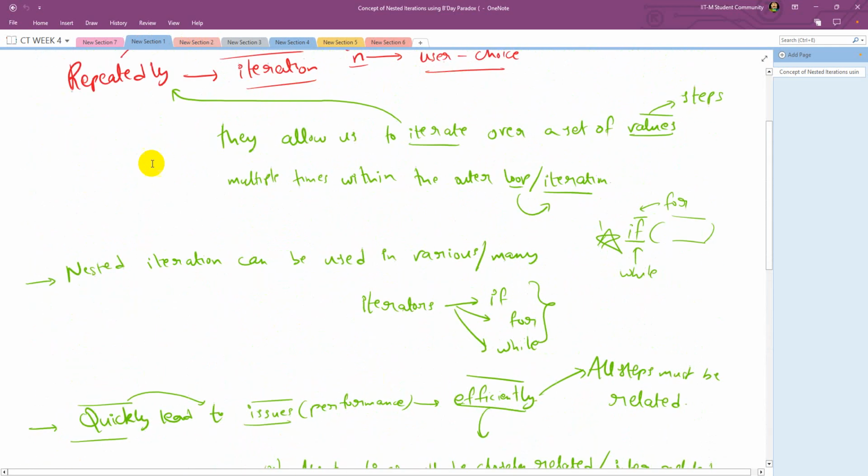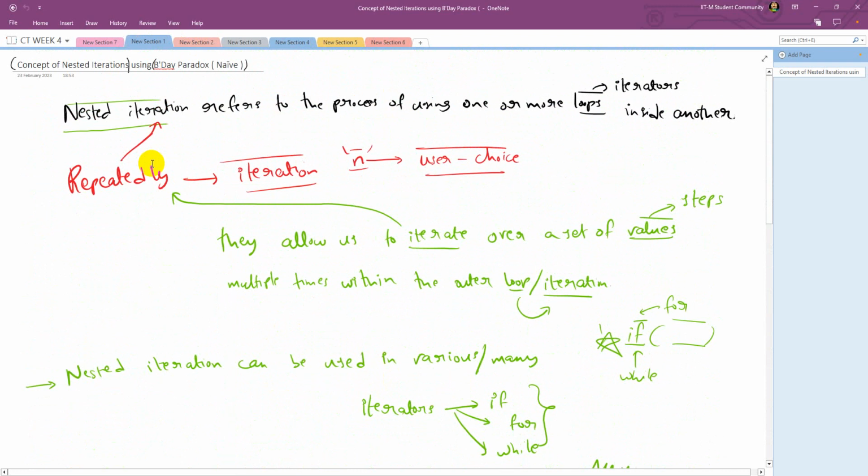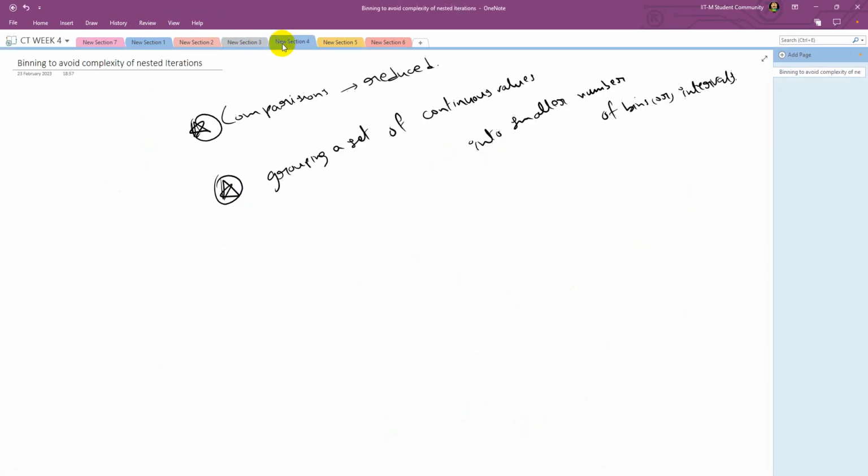Yes, this is the naive approach. I said in the very first explanation that the naive approach takes more time. That is what is reduced here when using binning. Binning reduces the computational time.